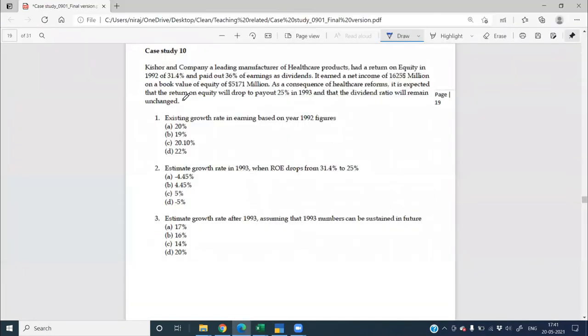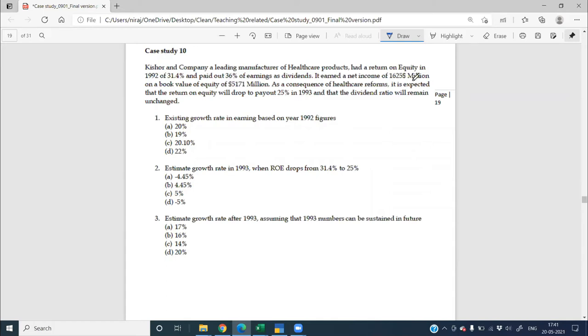So let's go through and read the text of 10 first. Kishore and Company is a leading manufacturer of healthcare products. It had a return on equity in 1992 of 31.4% and paid out 36% of earnings as dividend.